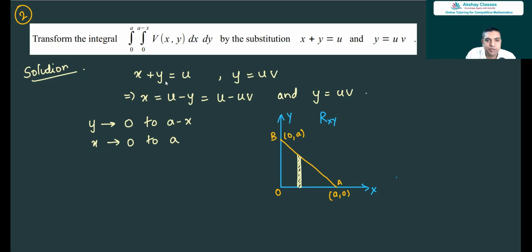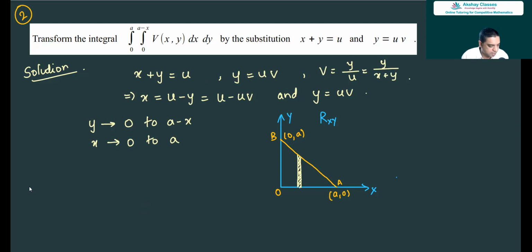So u is x plus y, no problem. What will be v? V will be y upon u, which is y upon x plus y.